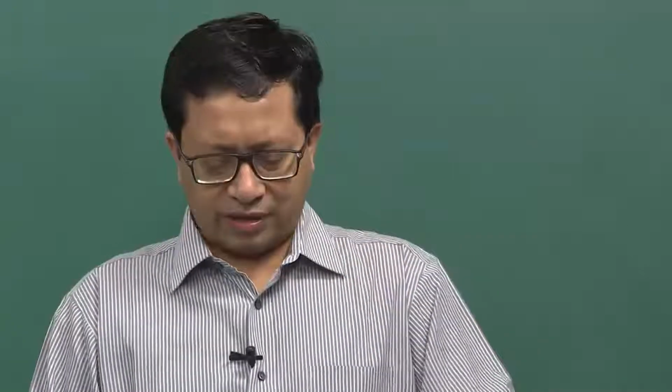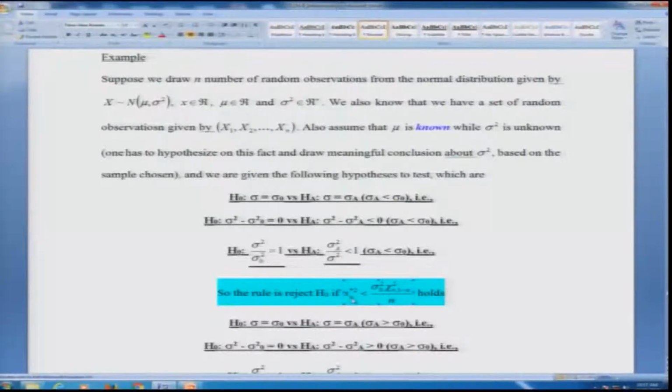In that case s dash or s star, because the population mean is known, as mentioned here in the blue color where I am highlighting, is less than sigma square naught, which is under h naught, by chi square n, because you do not lose any degrees of freedom, 1 minus alpha because it is the left hand side, and this is alpha, not alpha by 2, because it is a one sided test, divided by n.